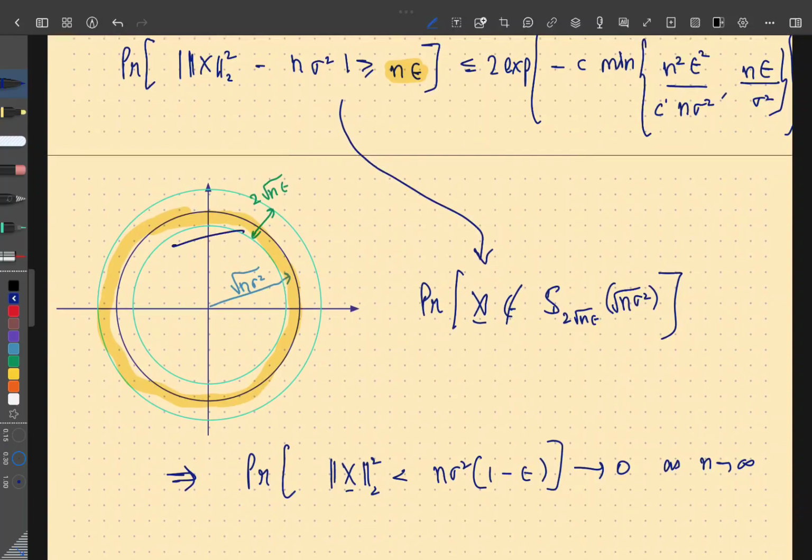So the probability that you lie somewhere in here is also vanishing in n. Is this statement clear?